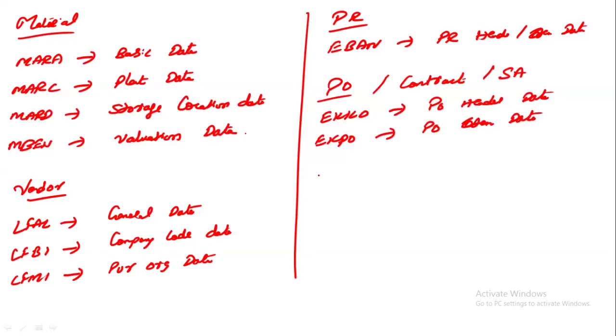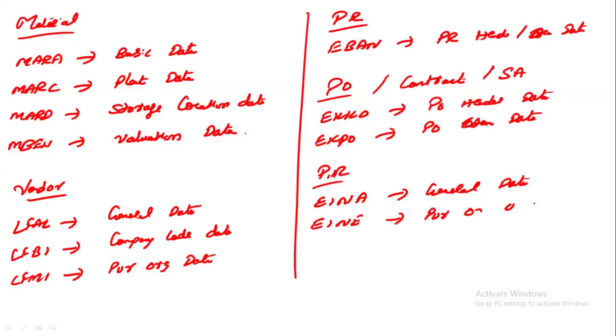Okay. Then you have PIR. For PIR, we will be using EINA, EINE. EINA is the general data. EINE is the purchasing data. So these are the basic tables. At least you need to know these tables.